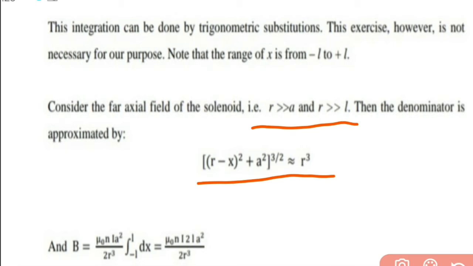So our expression becomes mu 0 n I a square by 2 r cube into integral minus L to L dx. When we integrate dx from minus L to L, we will get the result. Integral dx is x. So between the limits minus L to L, we will get 2L. So our expression becomes mu 0 n I 2L a square by 2 r cube.